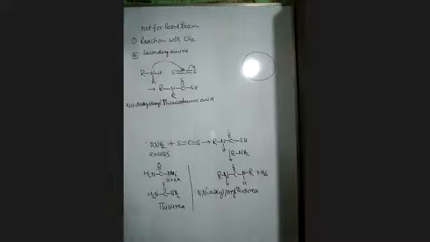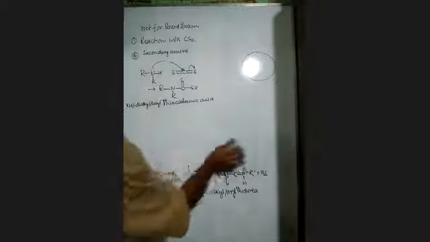Here you will get N,N dialkyl or diaryl thiocarbamic acid. This you can isolate.